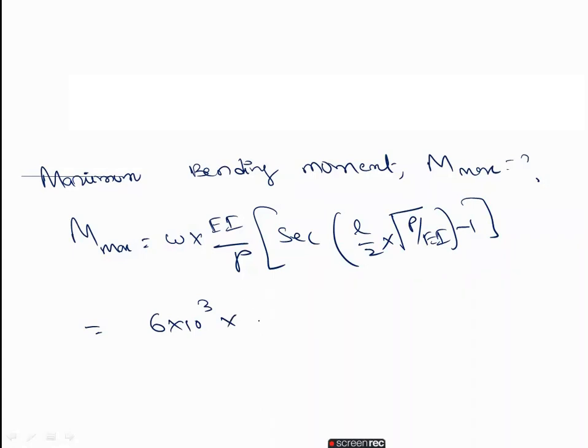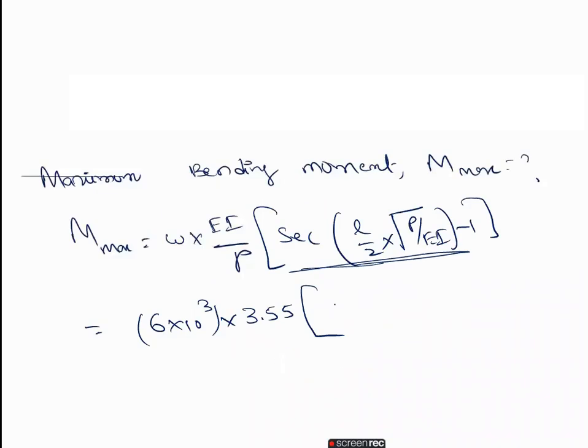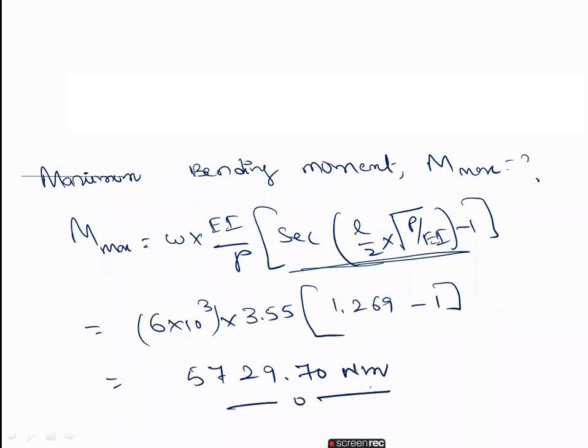EI by P, just now we calculated, that is 3.55. Then this one we just calculated, 1.269, minus 1. If you substitute all the terms here, finally we got the value 5729.70 Newton meter. This is the maximum bending moment.